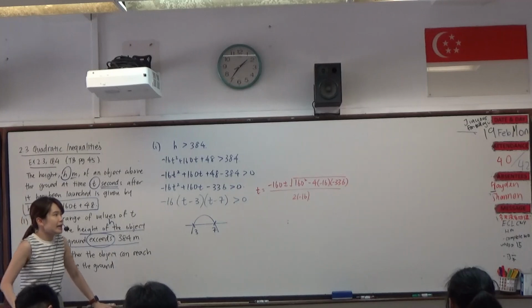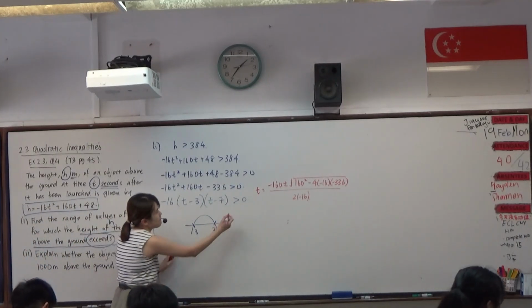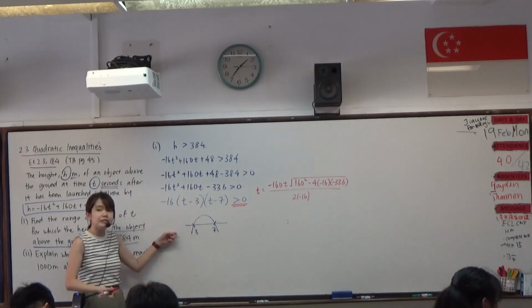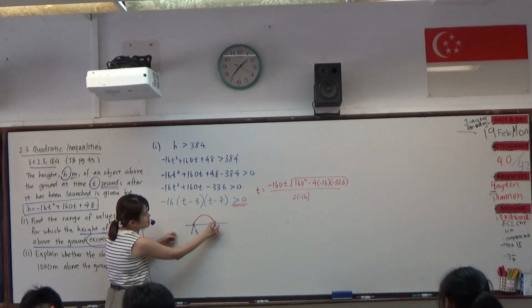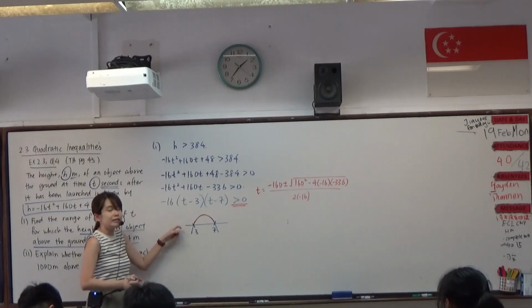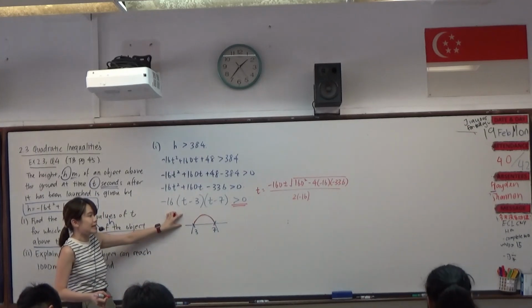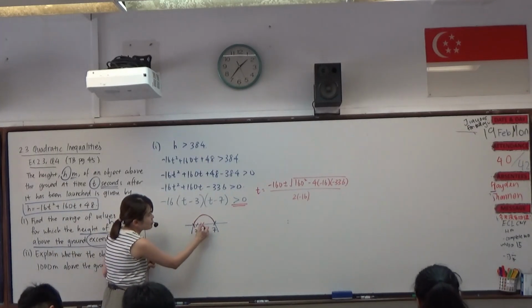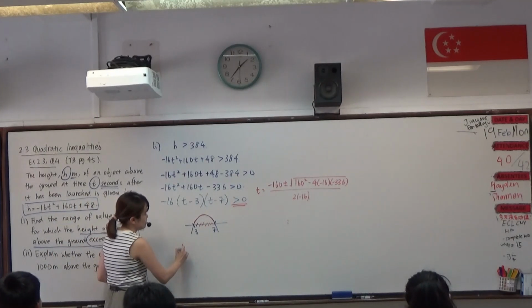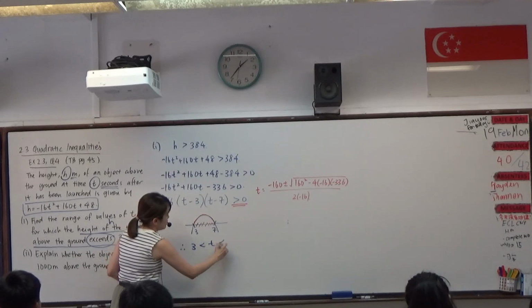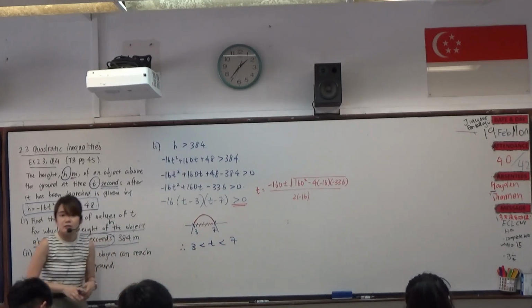Then now, the question says more than 0. So with reference to the graph, we should be looking at this portion because this is the only part that is more than 0, in other words above the x-axis. So your range of values of t should be between 3 and 7. And hence this will be your answer.